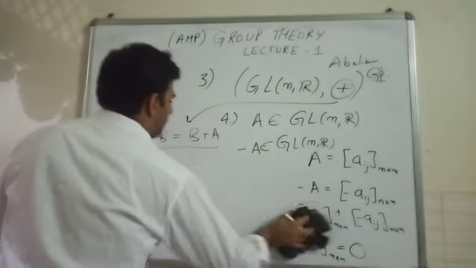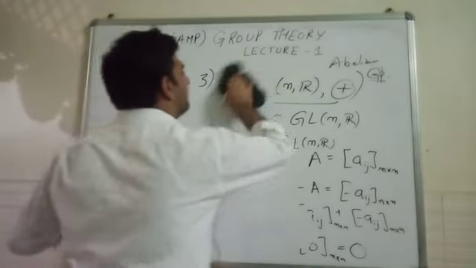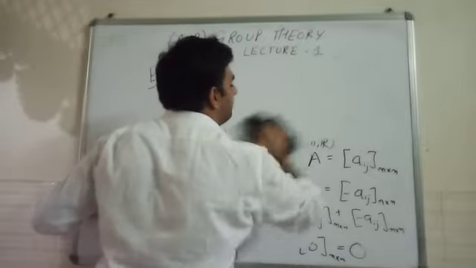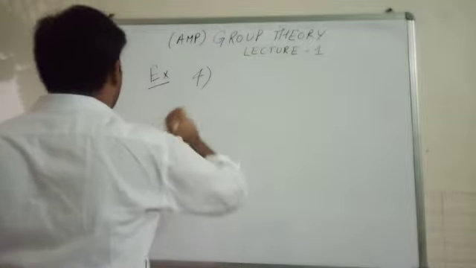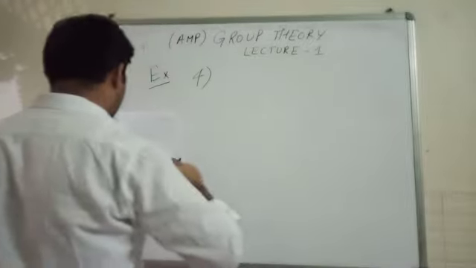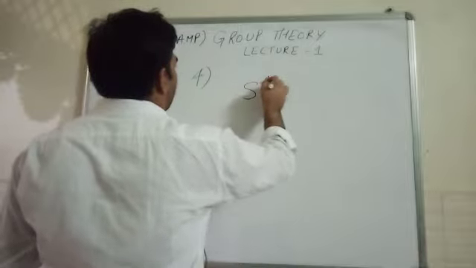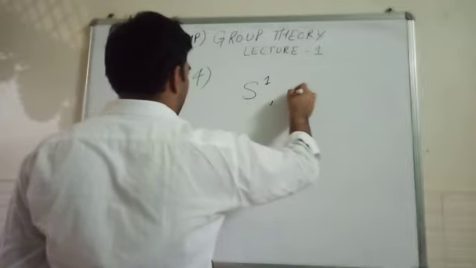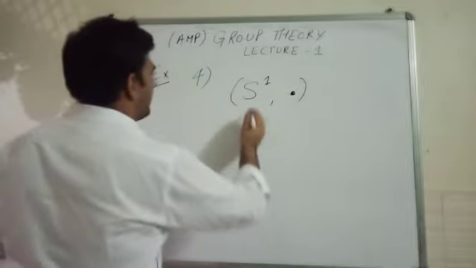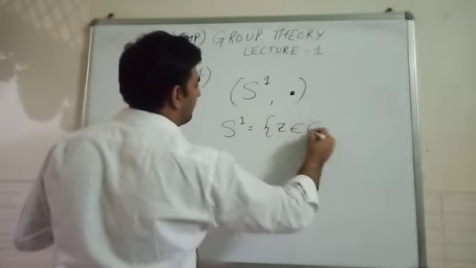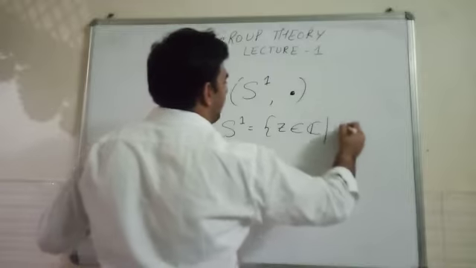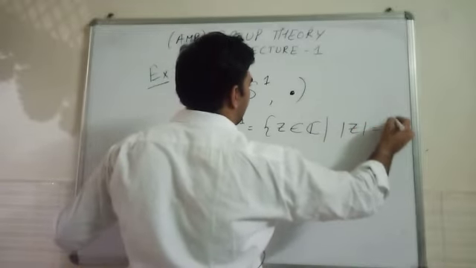Let's now look at another example, because in mathematics, if you do lots and lots of examples, then you have a good understanding of the subject. Here, the set is all those complex numbers such that they have a unit modulus.